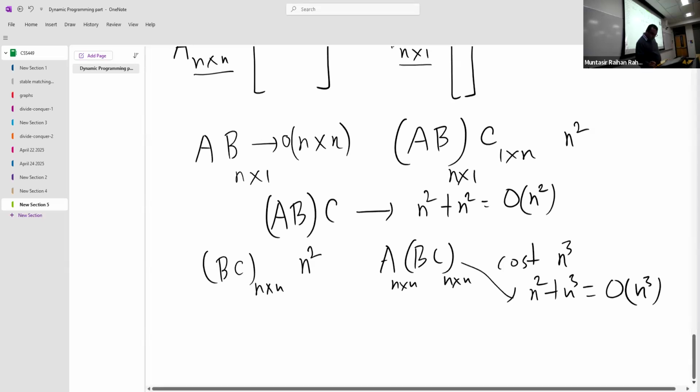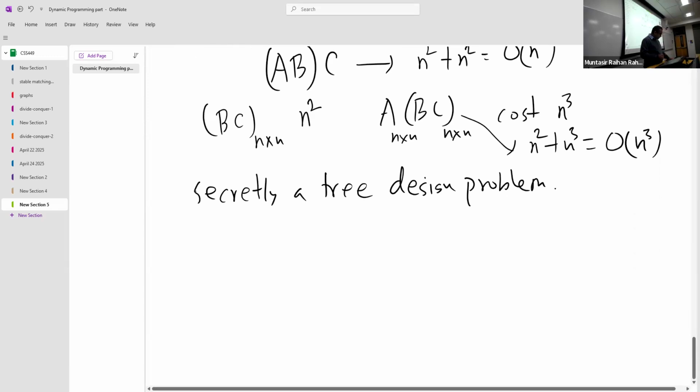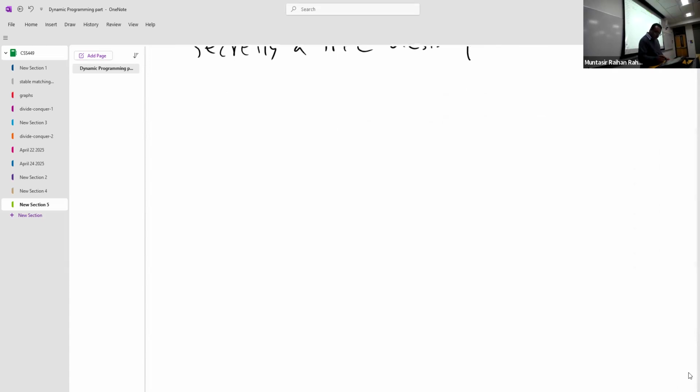Just to think about this problem, this is secretly a tree design problem. How is that? Which is very interesting. So how is it a tree design problem?